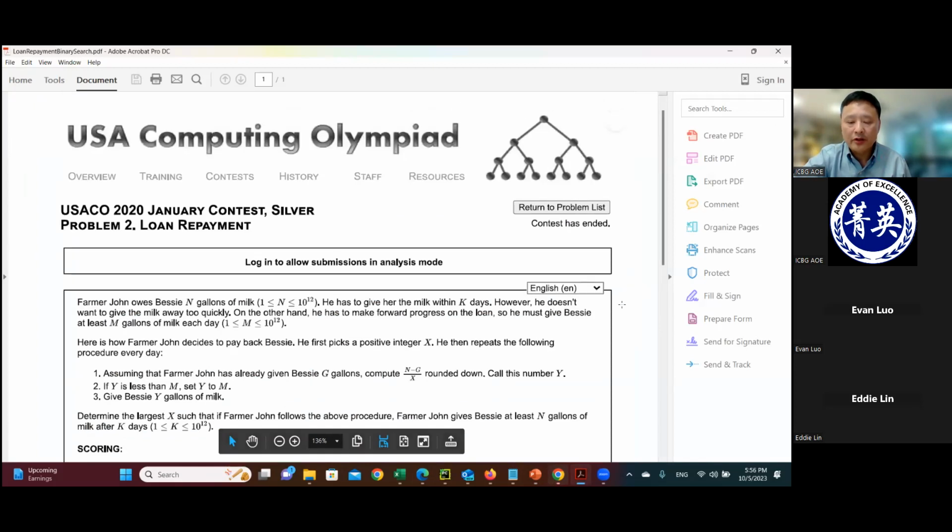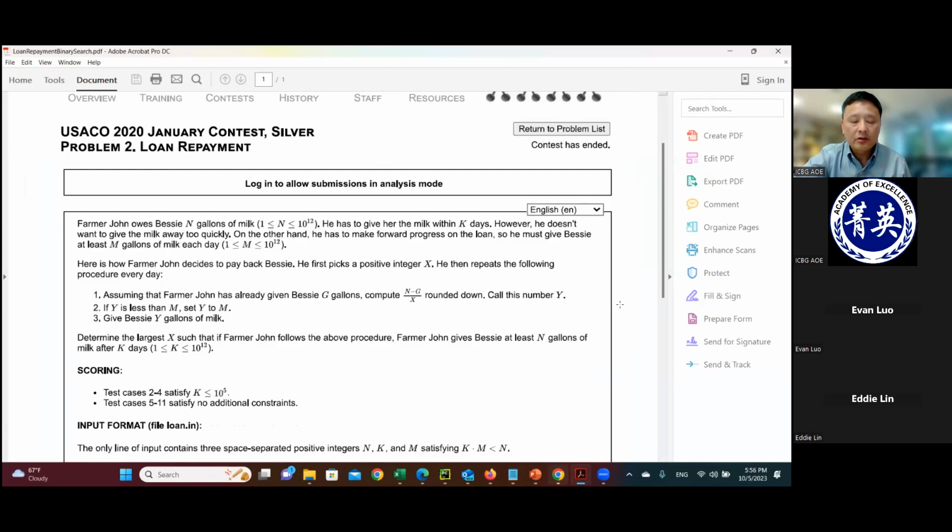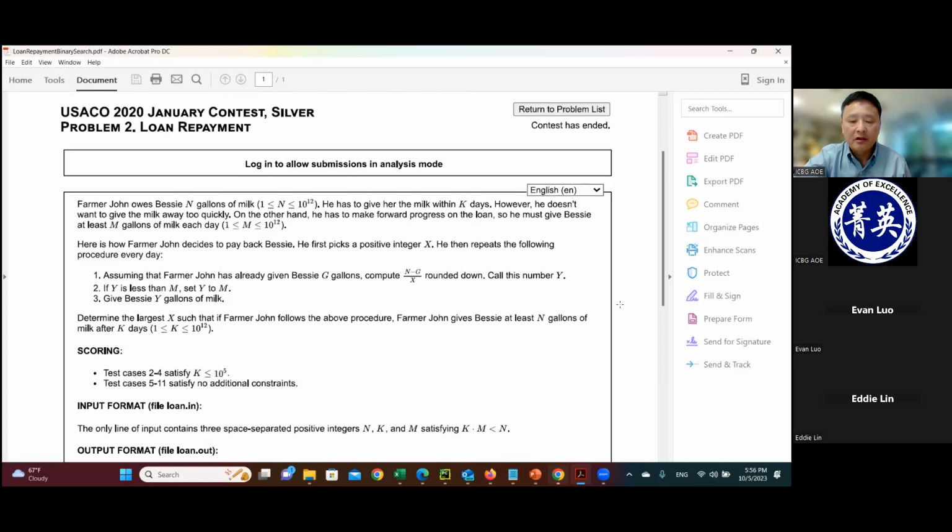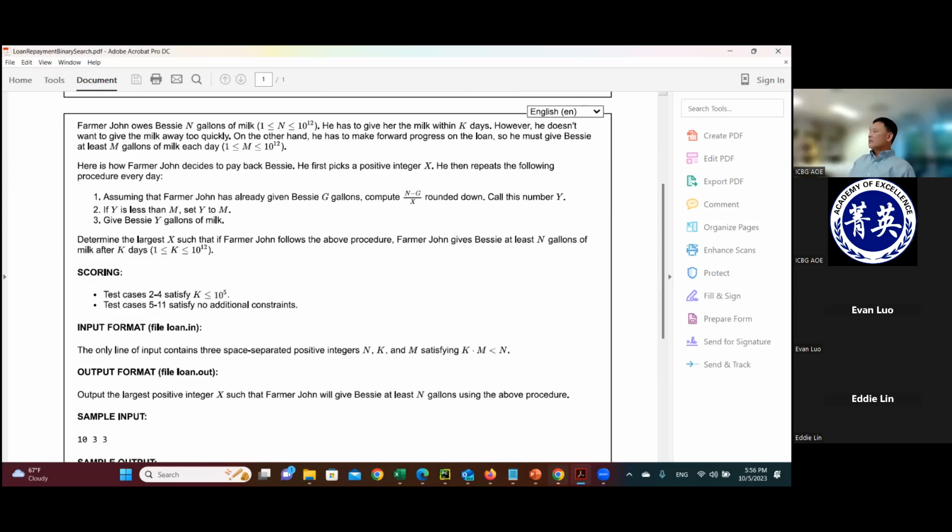This is the problem we were trying to solve last week. I asked you to submit the code. I don't know why the PowerPoint file does not react.